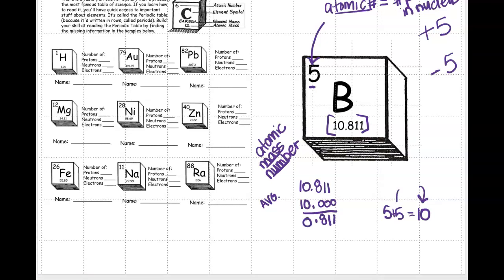So if they were equal, we'd have 5 neutrons, and then we have this left over, so plus 0.811 equals 5.811 atomic mass units. And so we would round that to the nearest whole number. So this would be 6. So instead of having 5 neutrons, boron actually has 6 neutrons.